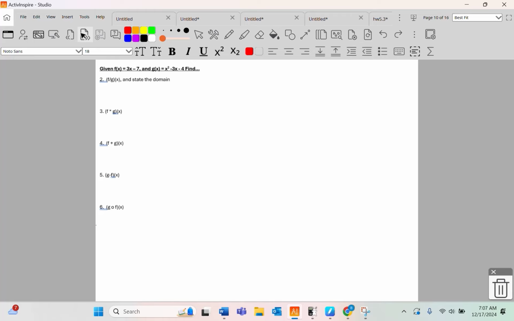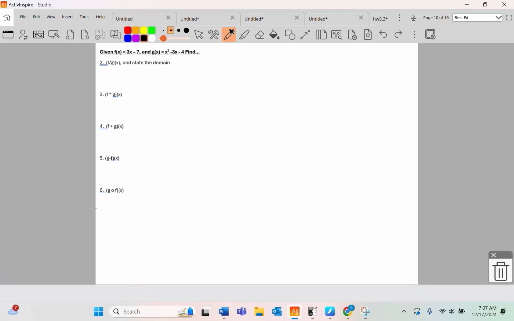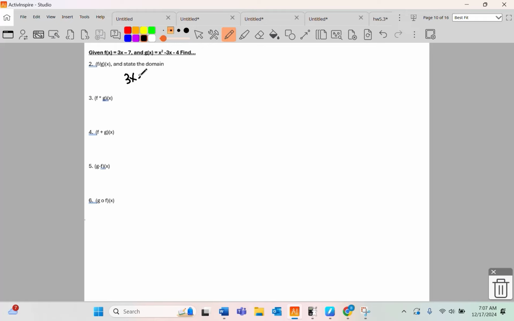All right, find f over g of x and state the domain. That's going to be 3x minus 7 over x squared minus 3x minus 4. So remember your rules here: 1 over anything, the anything is not 0. So x squared minus 3x minus 4 is not 0.